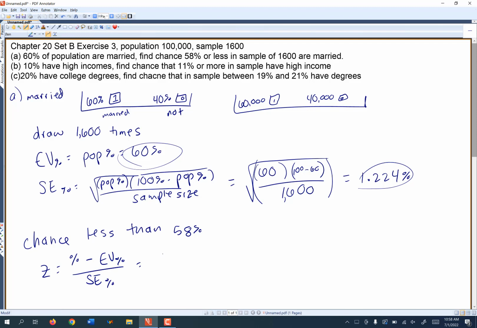The percent we're interested in is 58%. We're going to minus our expected value of 60% and divide by 1.224%. Now, when you put this in your calculator, make sure you put parentheses around everything on the top. So it should be 58 minus 60 divided by 1.224 gives me negative 1.633.